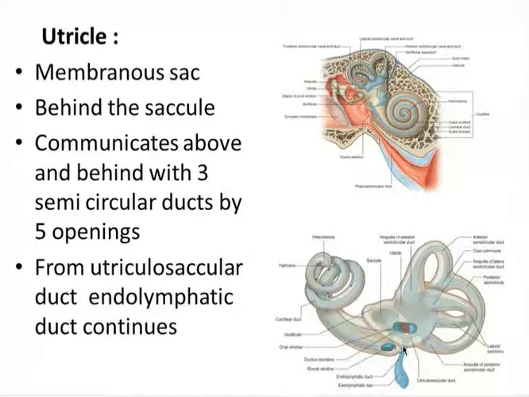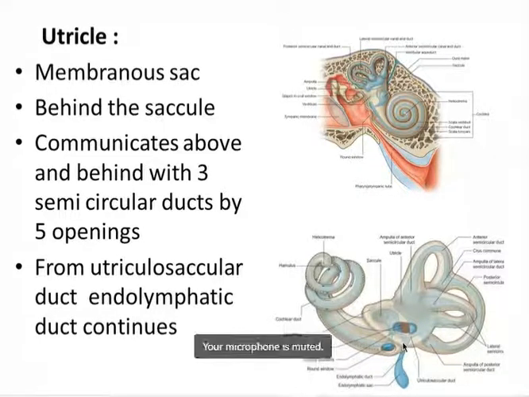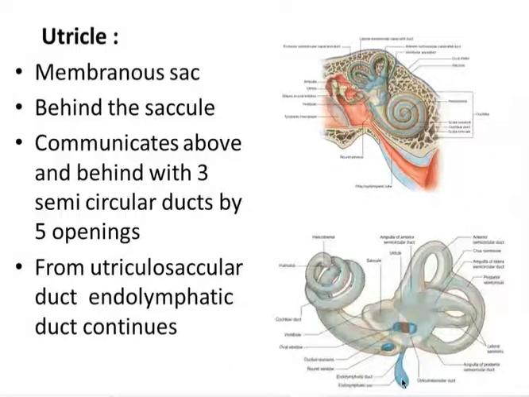From the utriculosaccular duct the endolymphatic duct becomes continuous. So we have the cochlear duct, saccule and utricle, and the three semicircular ducts. They all communicate with each other, and the fluid present here is the endolymph.